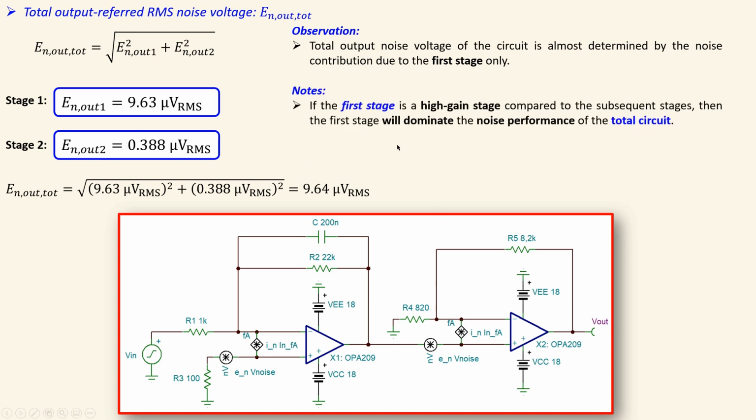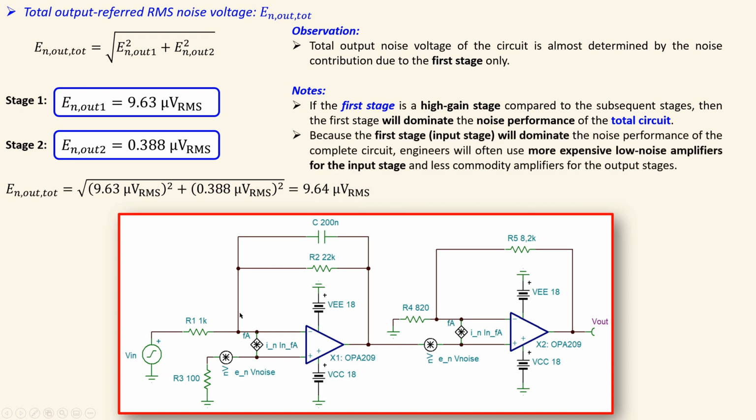We need to, of course, set some notes here. If the first stage is a high gain stage, that is of course mandatory compared to the subsequent stages, then this first stage will dominate the noise performance of the circuit. But that's only the case when this is high gain relative to the subsequent stages. Because the first stage or the input stage will dominate the noise performance of the complete circuit when it is high gain, engineers will often use more expensive low noise or ultra low noise amplifiers for the input stage, and then less expensive amplifiers for the next stages to keep the cost at the minimum.